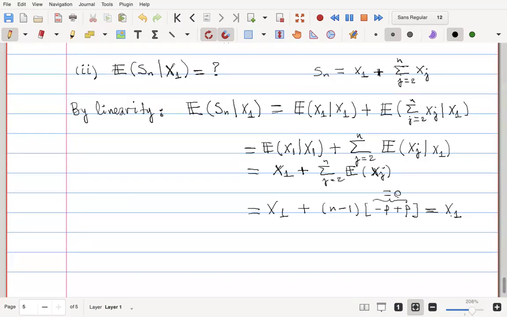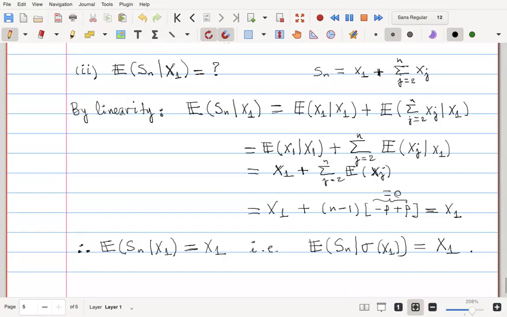So in other words, it is the same if you replace this with sigma. It's x1. Okay, so we are done with this one. And finally, the last one.